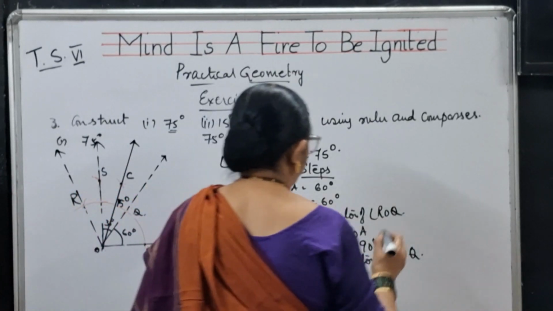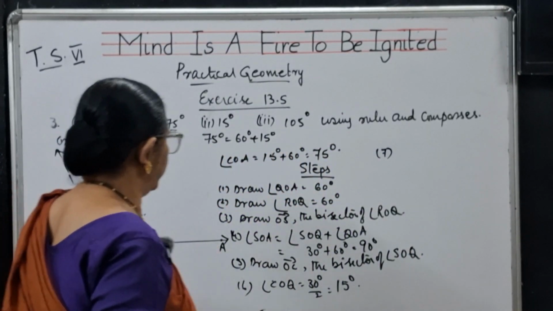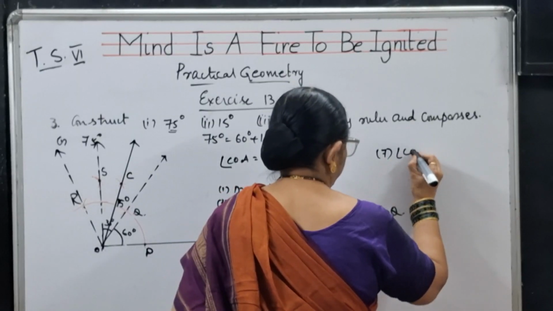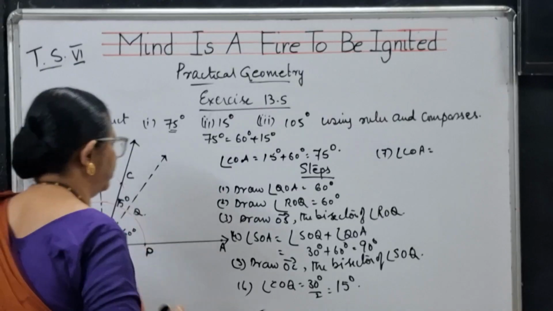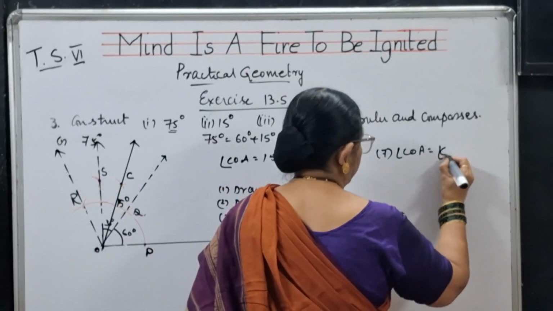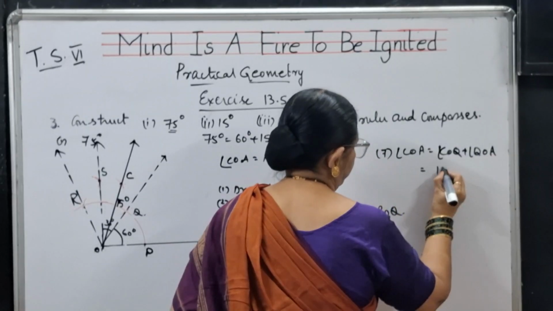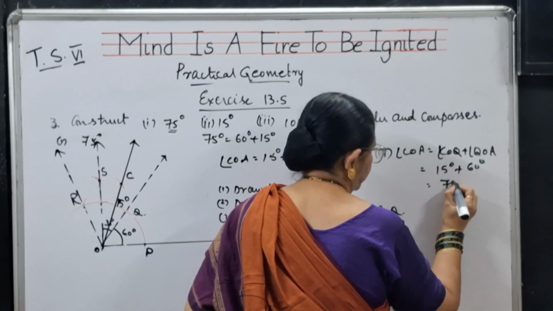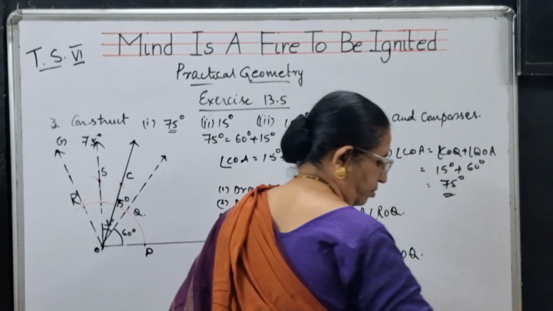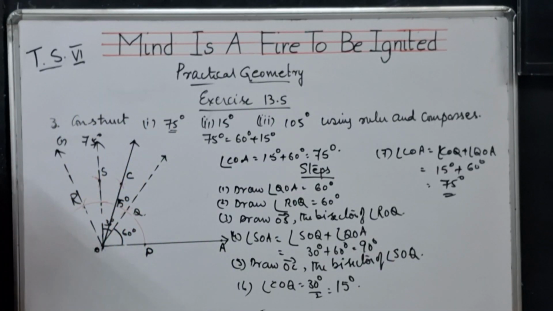So now, the seventh point here is angle COA. Angle COA is equal to angle COQ plus angle QOA. Angle COQ is 15 degrees plus 60 degrees, that is 75 degrees. So, this is how you have done the construction of 75 degrees. Please note it down.